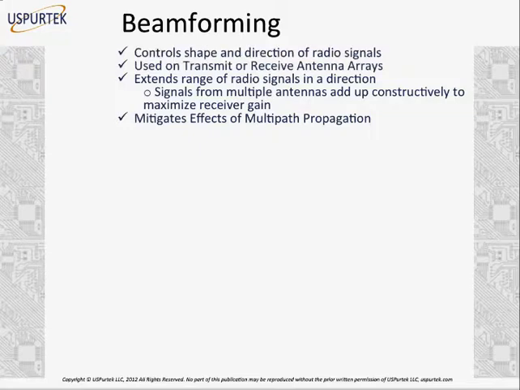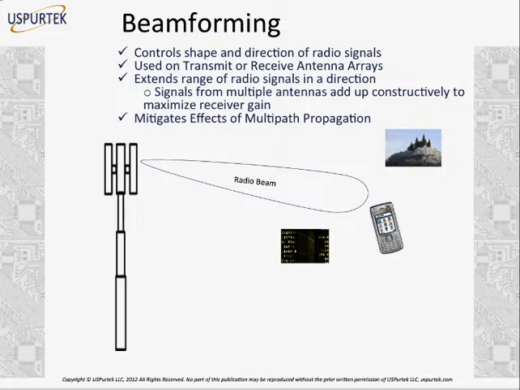Well, moving on to the next technique that is used in MIMO, beamforming. So in beamforming, we basically control the shape and direction of radio signals. This can be realized when we have multiple antennas or an array of antennas. This technique is used to control the shape and direction of transmitted or received signals.